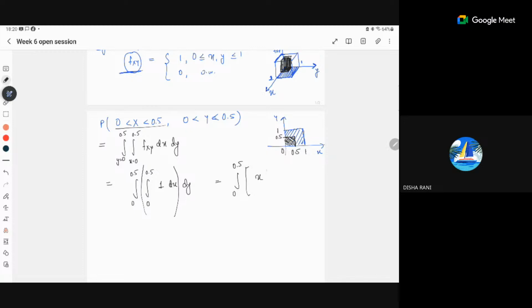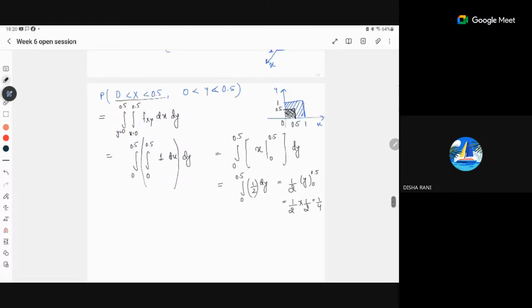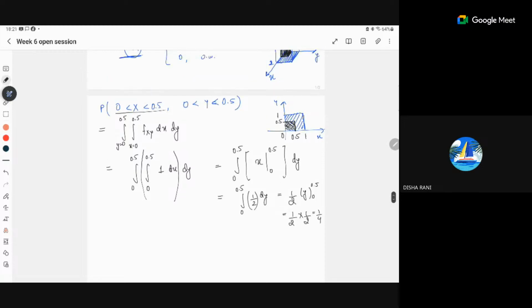And x varies from 0 to 0.5, and I have dy outside. If I solve this, I will get the integral from 0 to 0.5 of 0.5, let me write it as 1 by 2 dy. Now integrating 1 by 2 with respect to y gives 1 by 2 times 0 to 0.5, which is 1 by 2 times 1 by 2, which is 1 by 4. Very simple integral.